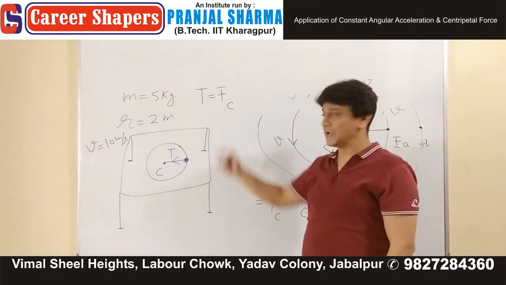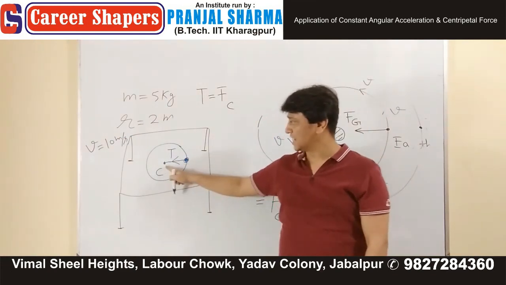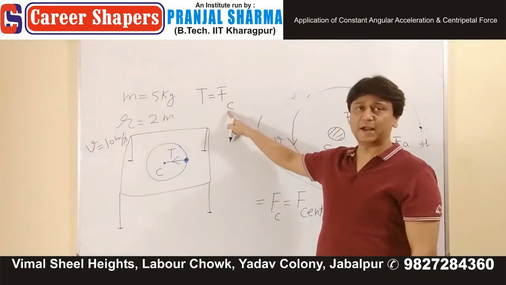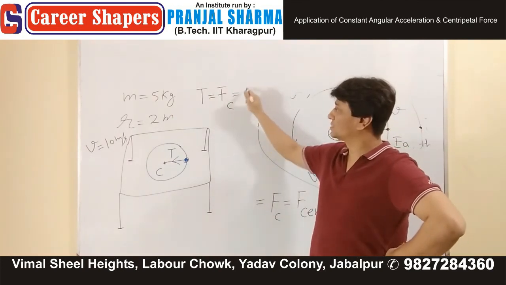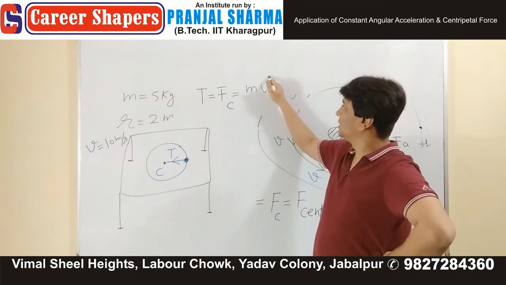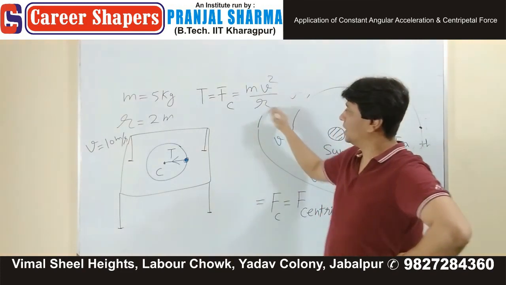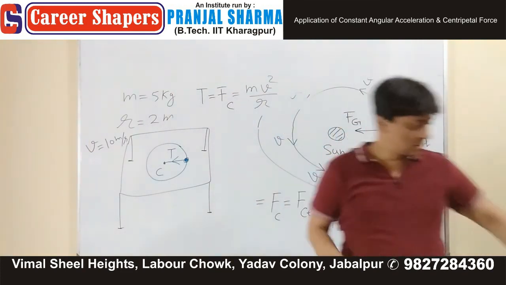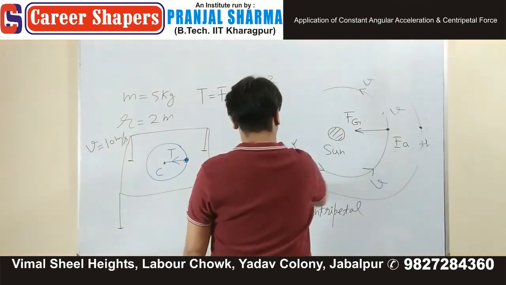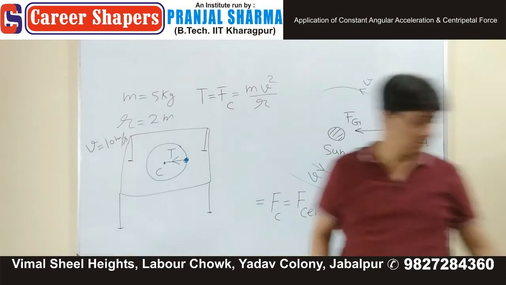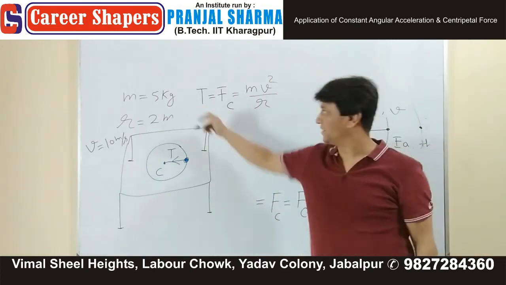So the logic is that this T which is acting towards the center is providing us what? Centripetal force. What is centripetal force? M V square divided by R. We have the value of M, 5.